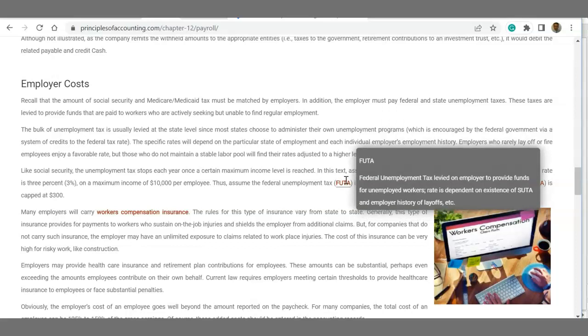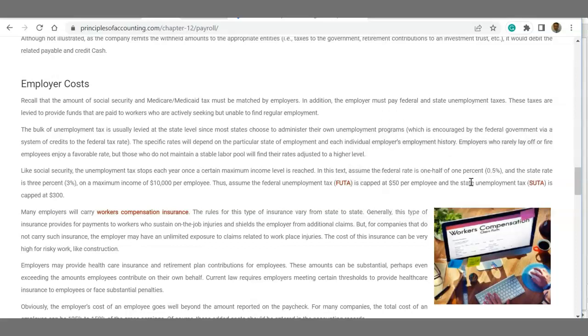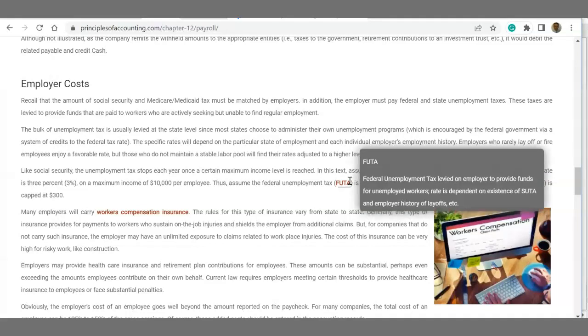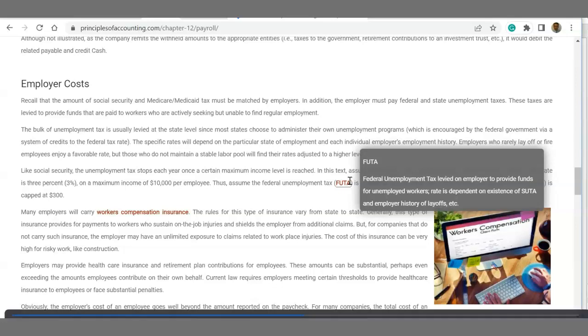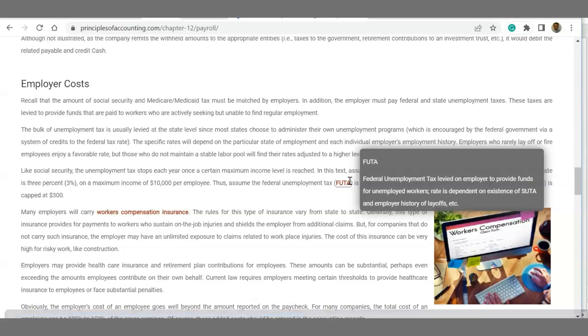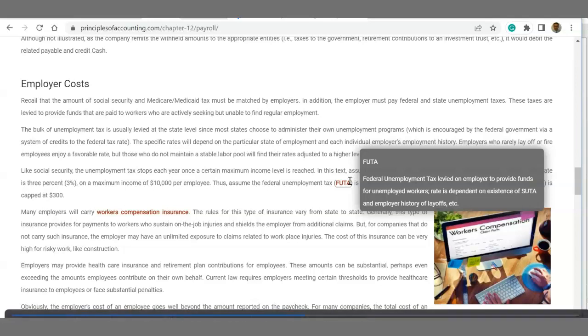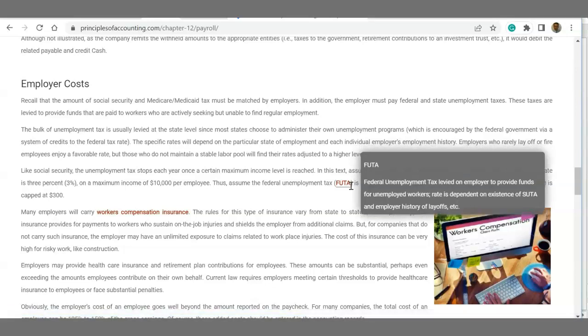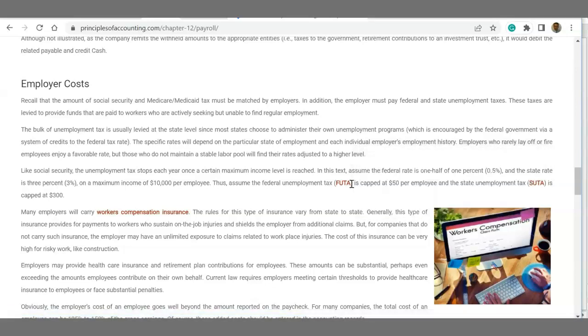However, if, let's say in California, we have EDD collecting SUTA, then FUTA in general gets only 0.8% out of 6.2%. Sometimes it is 6.6%.